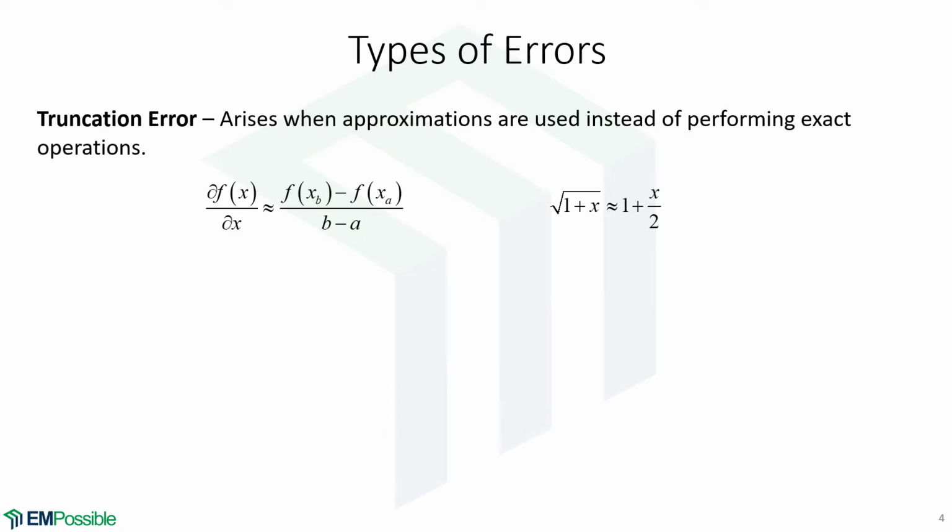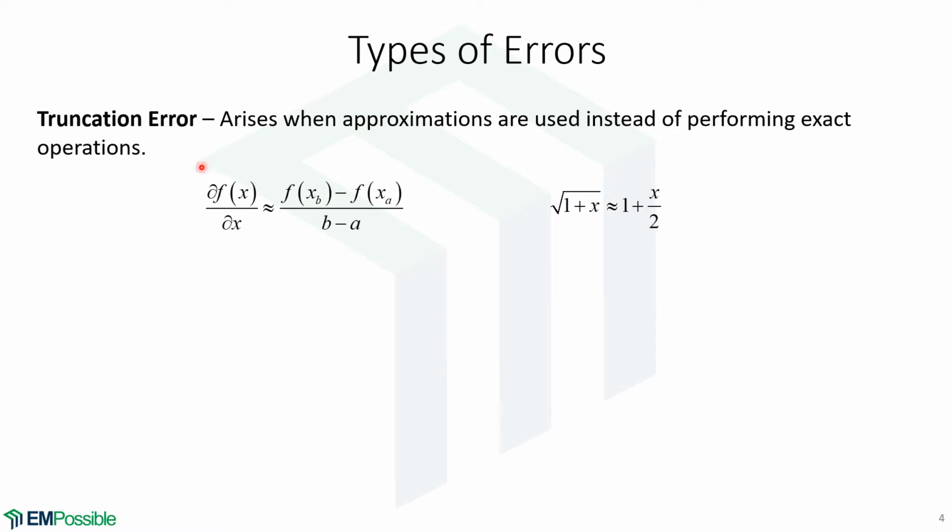Very often when we're formulating codes or algorithms, we will make approximations in them. One very common one: we have potentially a square root, and we know we have the binomial approximation where if the absolute value of x is less than 1, we can approximate that square root as 1 plus x divided by 2.